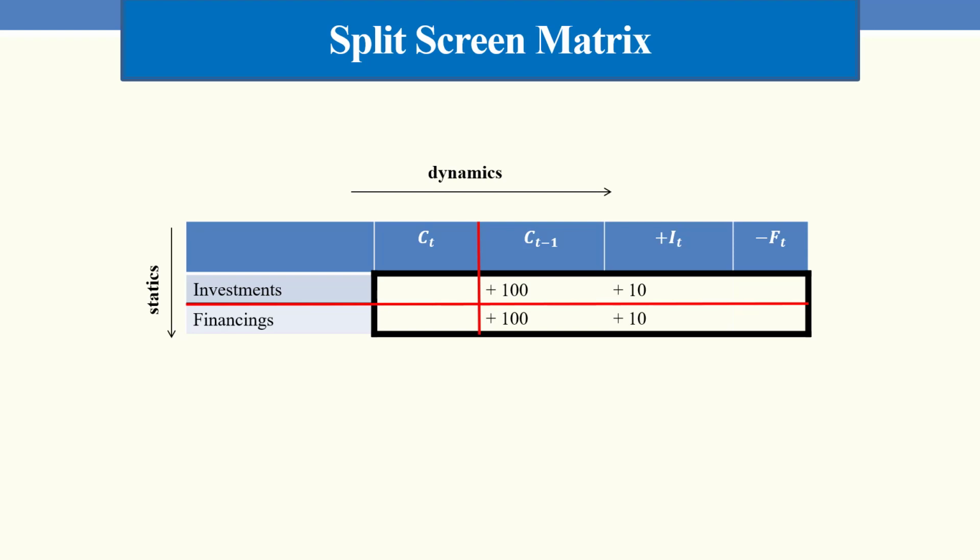Then the firm withdraws $20 and distributes them to the capital providers. The result is that the capital invested has decreased to 90. And symmetrically, the amount of money owed by the firm to the claim holders has reduced to 90. The firm is always in equilibrium with respect to the investment and with respect to the financings.